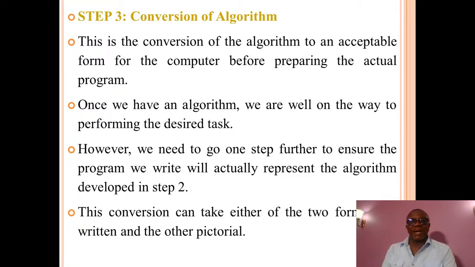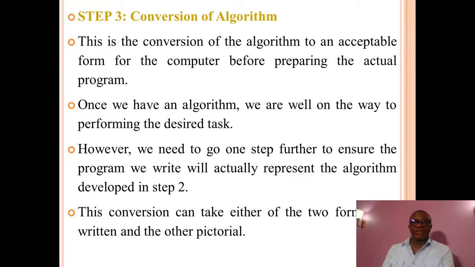Once you have an algorithm, you are well on the way to performing the desired task. However, we need to go one step further to ensure the program we write will actually represent the algorithm we have developed in step 2.